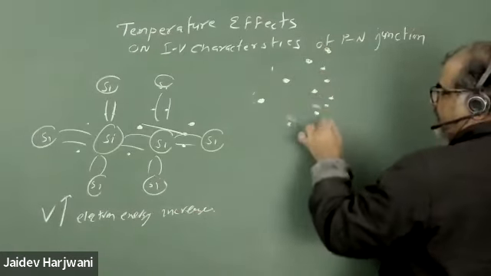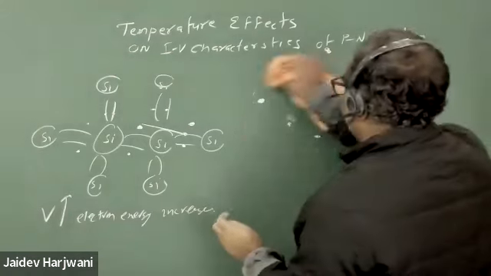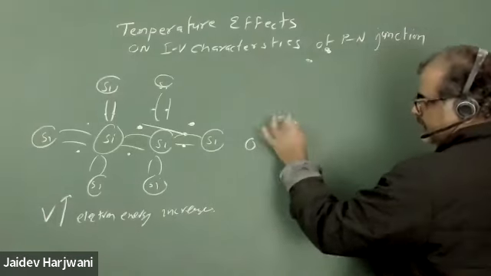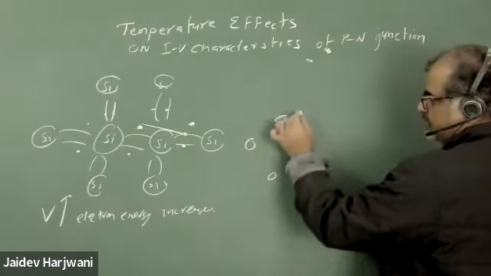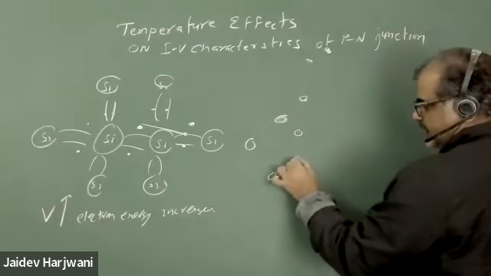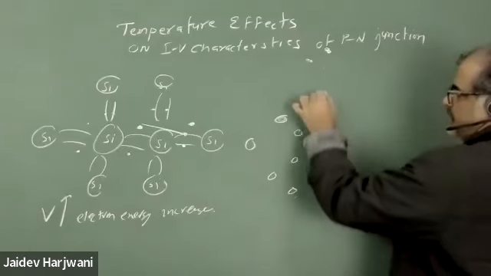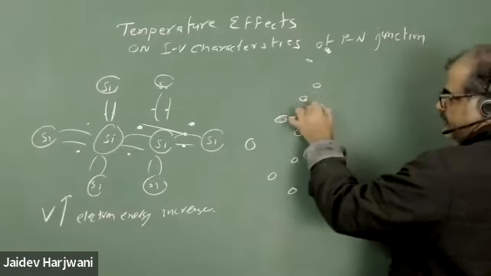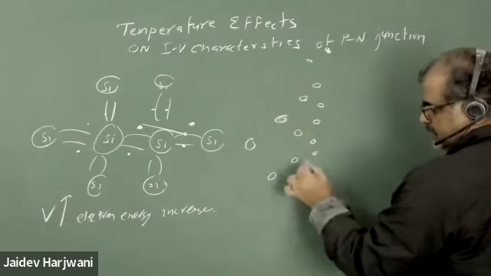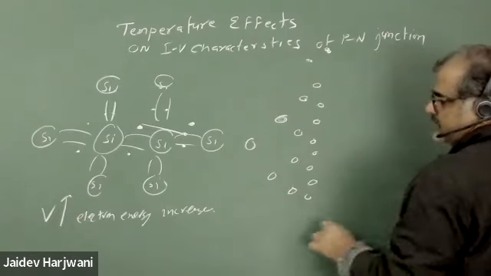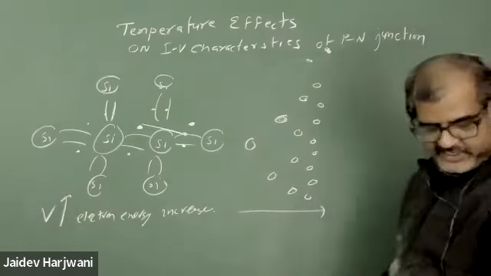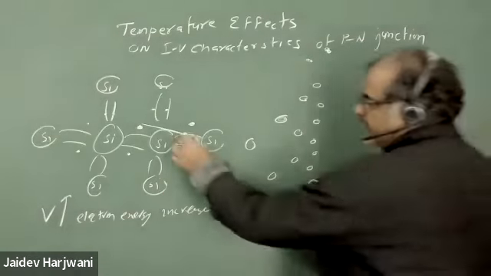Let me draw it properly. You have one electron here, then two electrons. These two electrons again create two more, so now you have four electrons, and these again create more. Slowly the number of electrons increases.